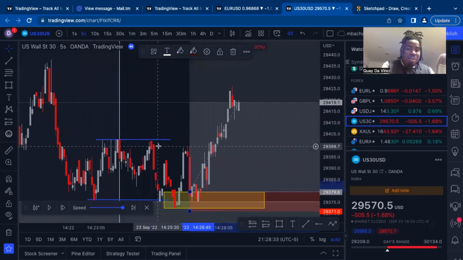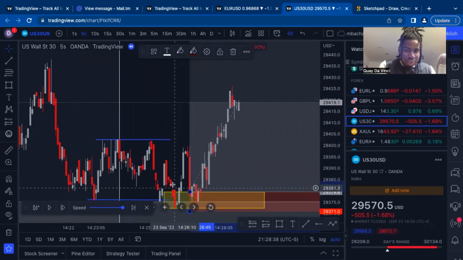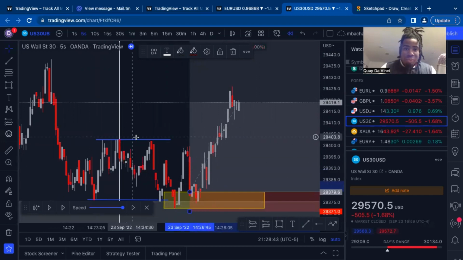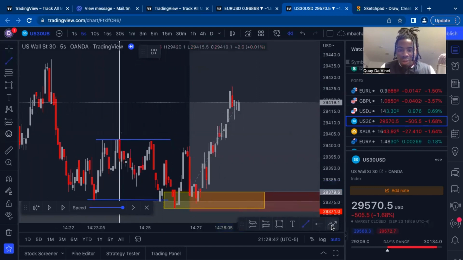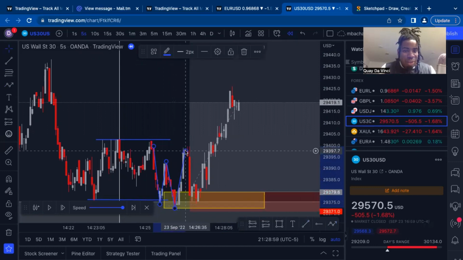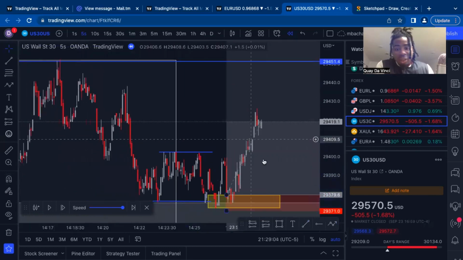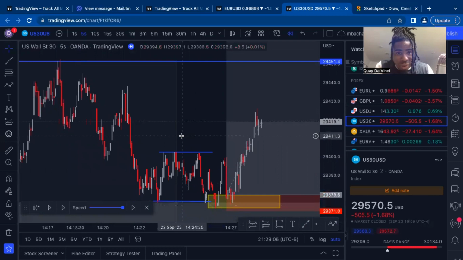But that's why I say it's key to understanding Wyckoff, because anybody could have seen this and told that this was a spring, all the imbalance left in here, and the fact that this was... hold on, let me get this tool. You can look at this as a lower high, lower low. Then price broke above it after just taking liquidity from a range, and then came back to test in that area, and price shot up.